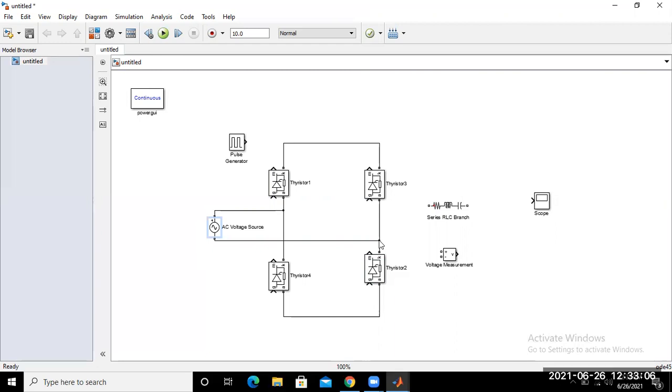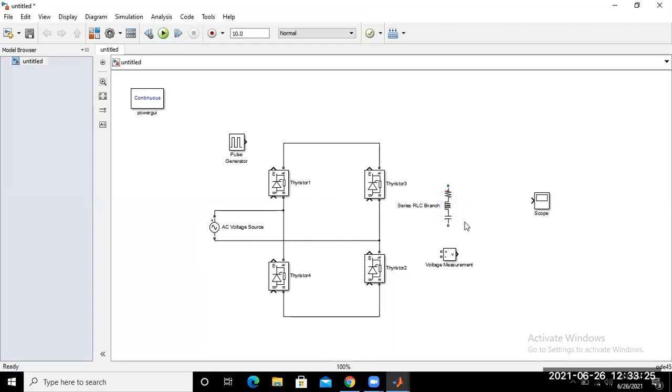Okay. Next, this load resistance is connected to the rectifier output. Okay. So just place it here and press Control R so we can rotate this load.